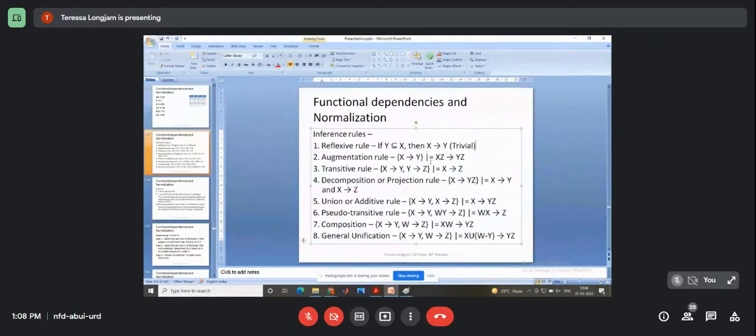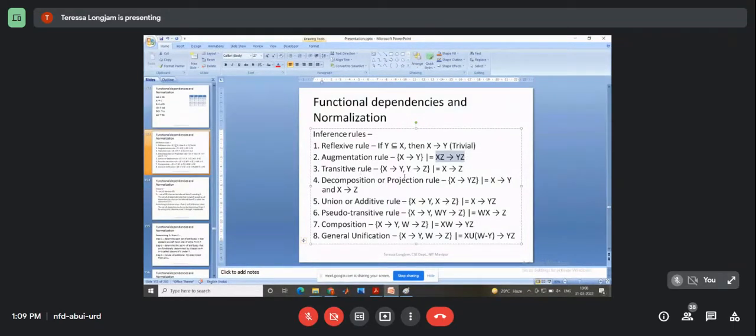The second rule is the augmentation rule. If there is a functional dependency X determines Y, then if we add a set of attributes Z to X and Y, then this functional dependency also holds. That is the augmentation rule.